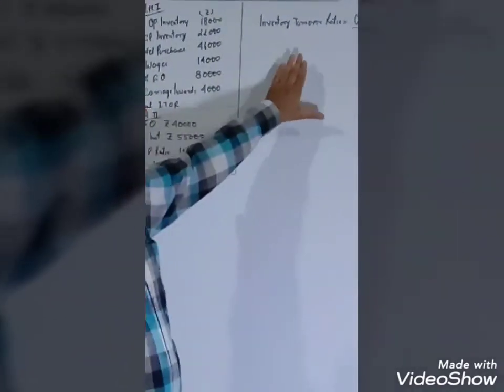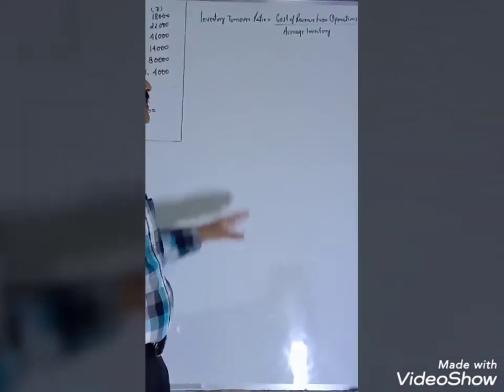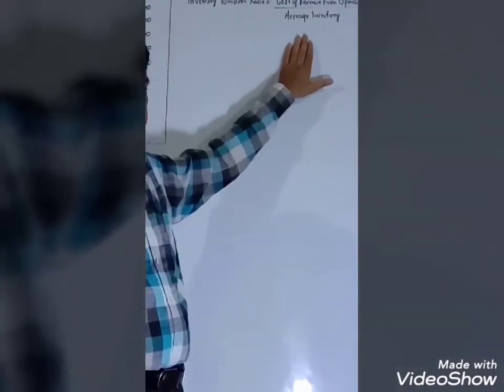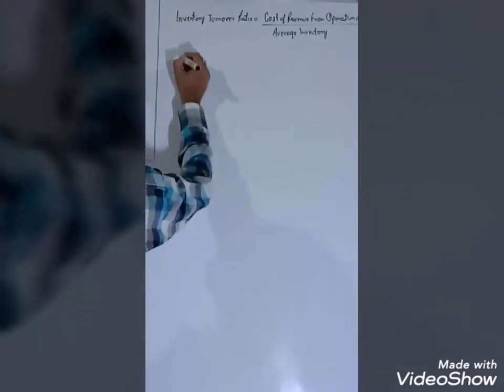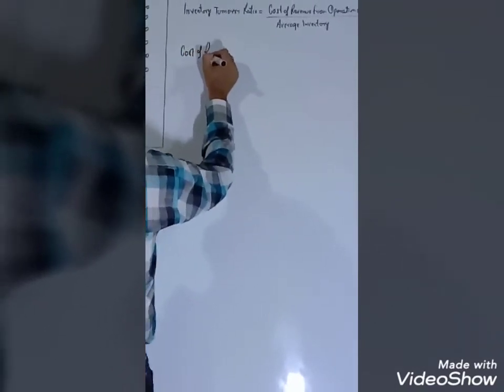After applying the formula for the calculation of inventory turnover ratio, cost of revenue from operations, which is also termed as the net sales, divided by average inventory. Now we have to put the values. So firstly, we have to calculate cost of revenue from operations.